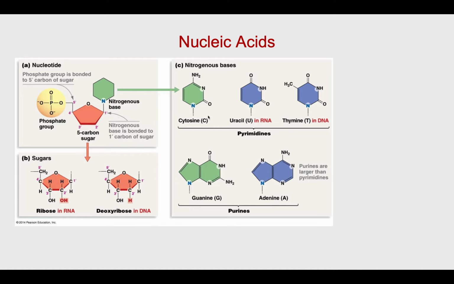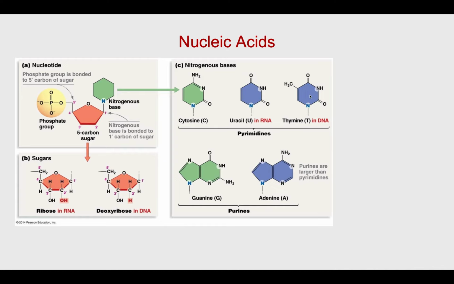Our bases can be split into 2 main groups depending on how many carbon rings they have. They can either be pyrimidines or purines. The pyrimidines are cytosine, uracil if we're talking about RNA, and thymine if we're talking about DNA.